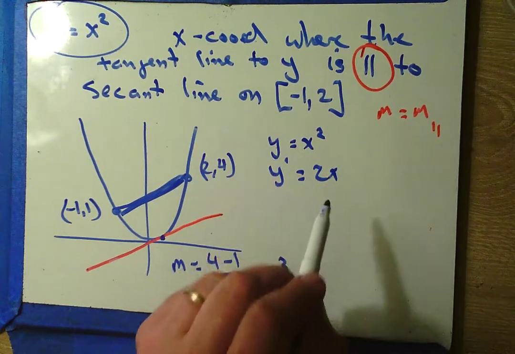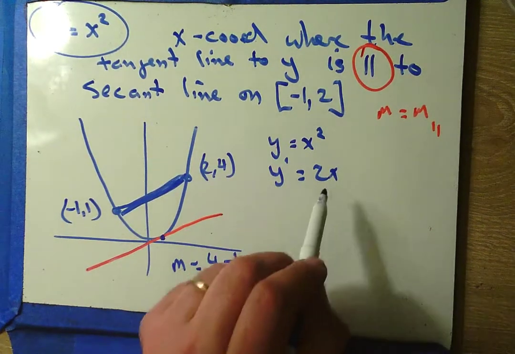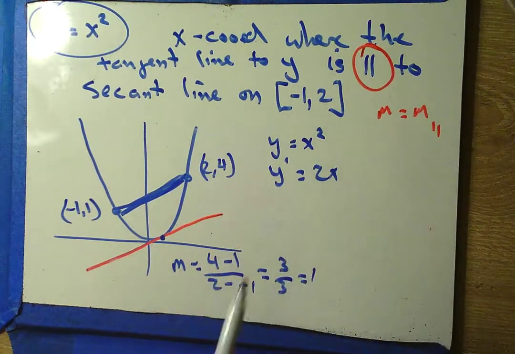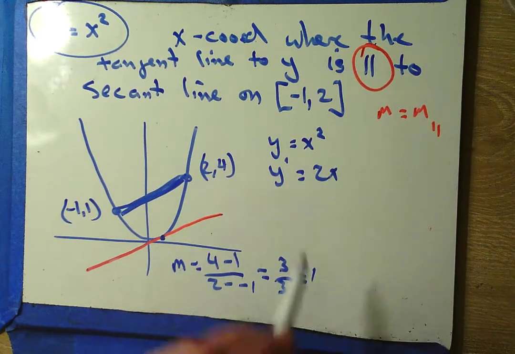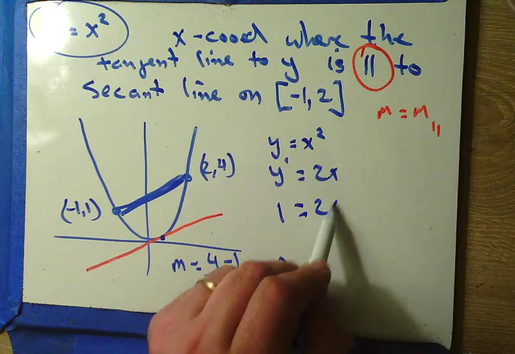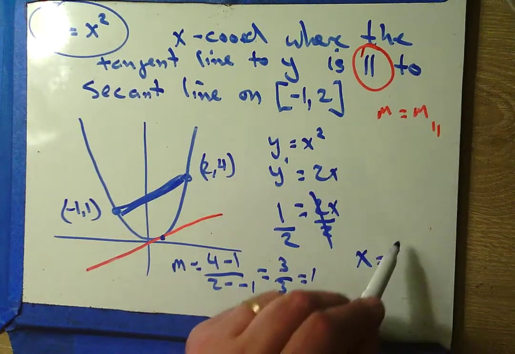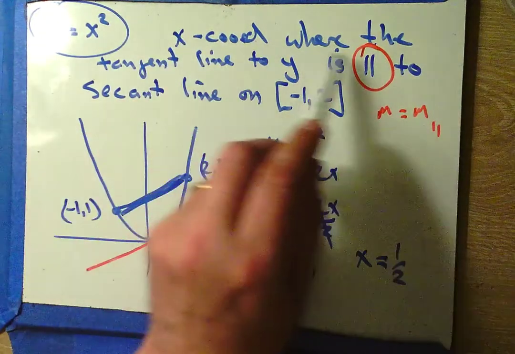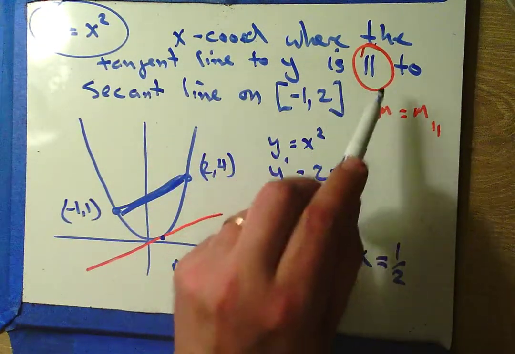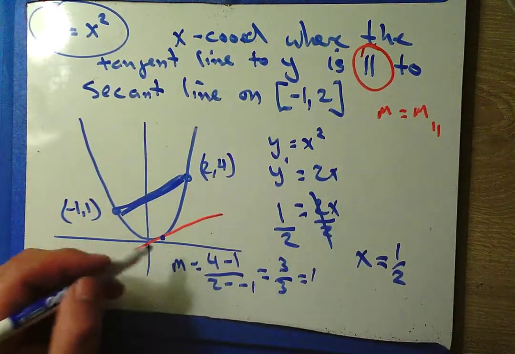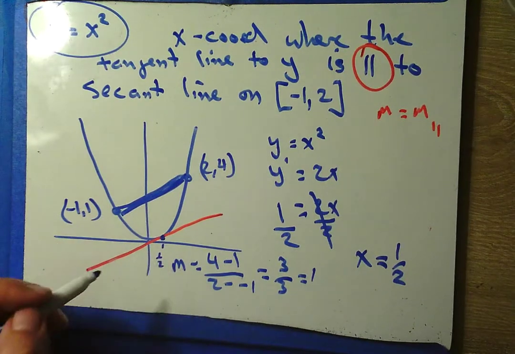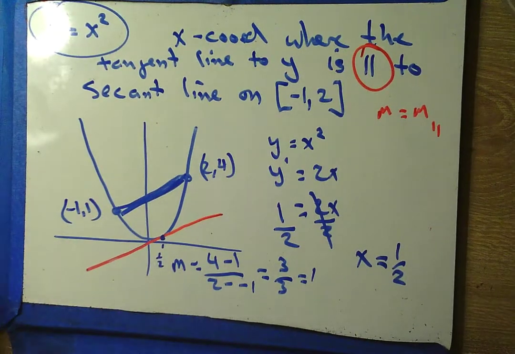That's my slope machine. I'm wondering when this slope machine spits out a 1. 1 equals 2x. Divide by 2. x equals 1/2. The x-coordinate where the tangent line is parallel to the secant line would be here at x equal to 1/2. Okie doke.